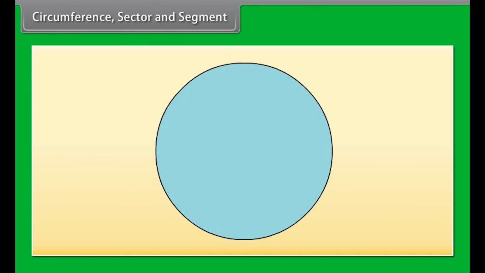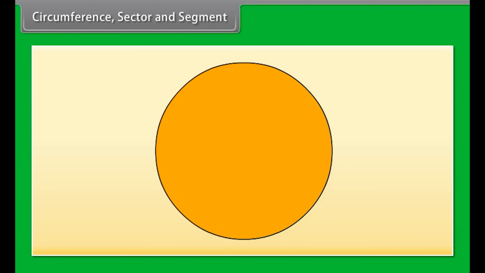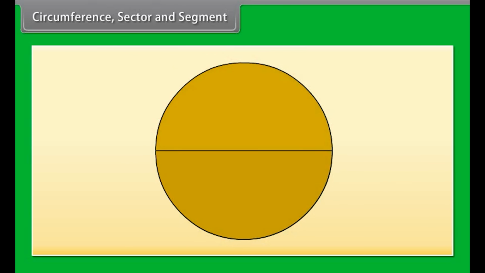There are 2 types of sectors: the minor sector and the major sector. Like sectors, there are 2 types of segments: the minor segment and the major segment. Now look at this circle. Here both the arcs are equal. Therefore, these 2 are the semicircles.